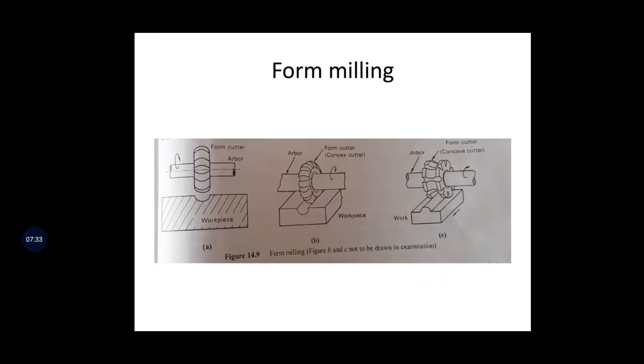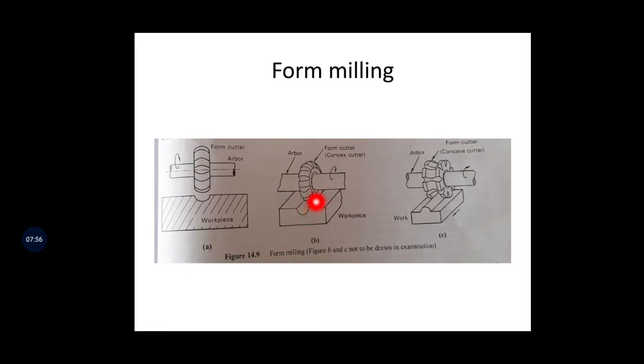Next comes form milling. Form milling is a machining process carried out for producing curved profiles with a variety of shapes like concave, convex, splines, any shapes. This is a concave shape, and this is a convex shape you can produce.